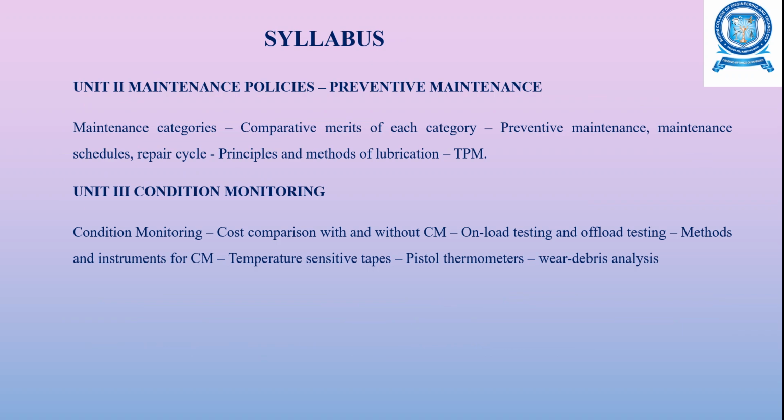And from Unit 3, condition monitoring, we will be studying about condition monitoring, cost comparison with and without condition monitoring, on-load testing and off-load testing, methods and instruments for condition monitoring, temperature sensitive tapes, pistol thermometers, and wear debris analysis.